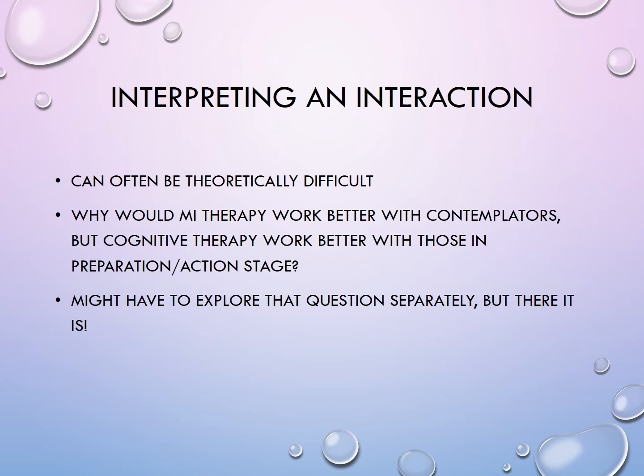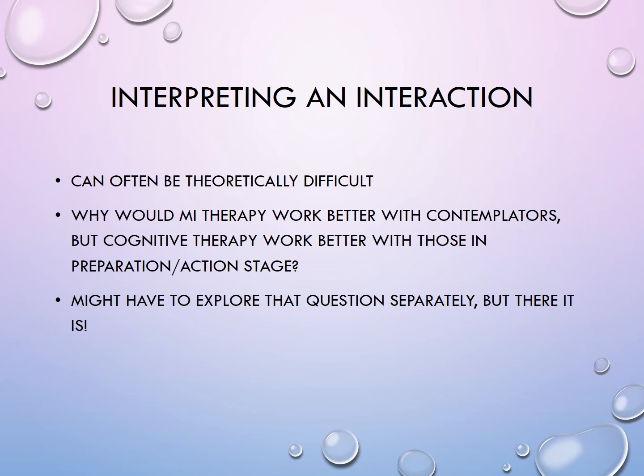So if you have an interaction effect, then you would get better outcomes. Maybe contemplators get a better outcome with motivational interviewing, but preparation action stage people get a better outcome with cognitive therapy.